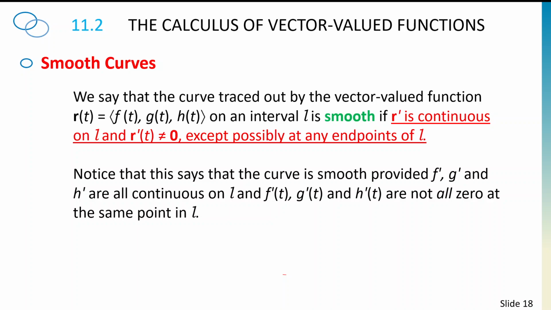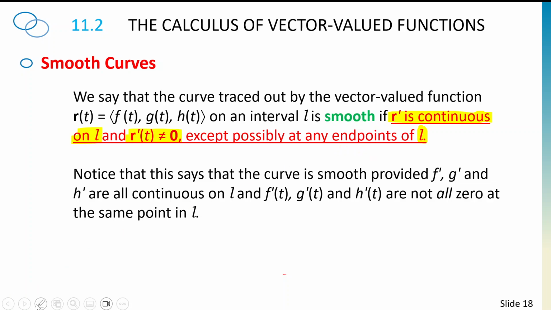Just like polynomials, which we know are smooth curves, the condition we need to check to show that a curve is smooth is that r prime is continuous, and that r prime does not equal 0, except possibly at an endpoint of the interval. They will give you an interval where it's continuous. r prime should not equal 0, except maybe at the endpoints of the given interval.